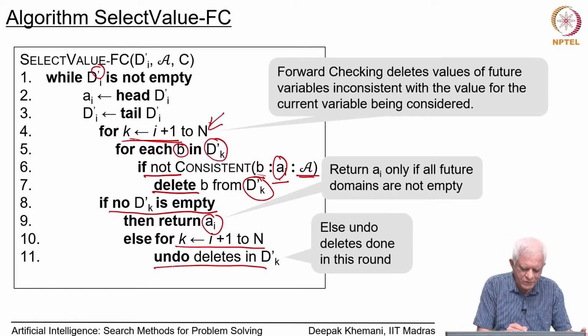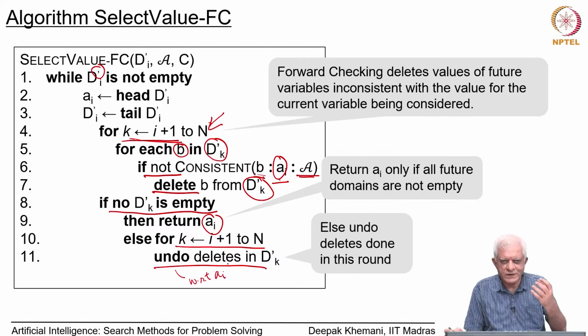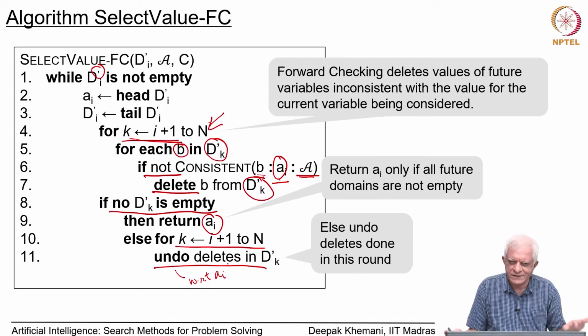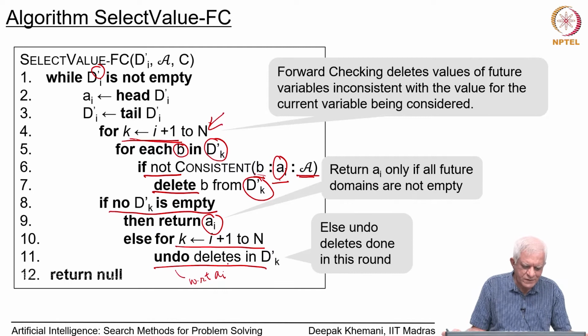So, this undo is only with respect to a_i. You were considering the value a_i, then some future domain became empty, so look at all the future domains and reset them back to what they were before you considered a_i, because by the time you have come to the kth variable, you might have deleted some on the way. So, that is the algorithm for select value forward checking.